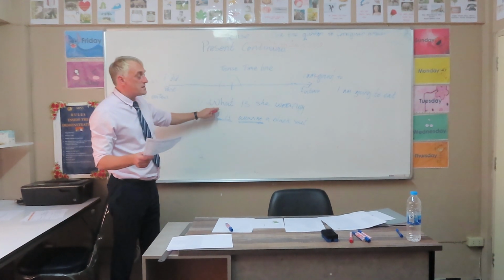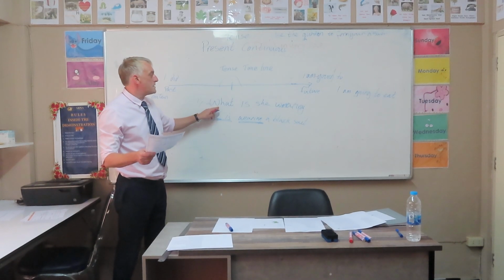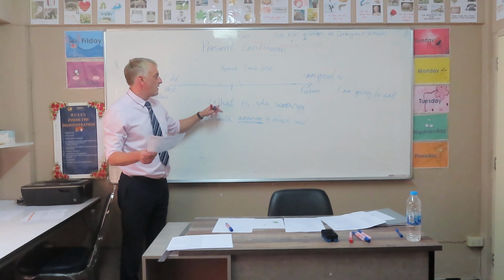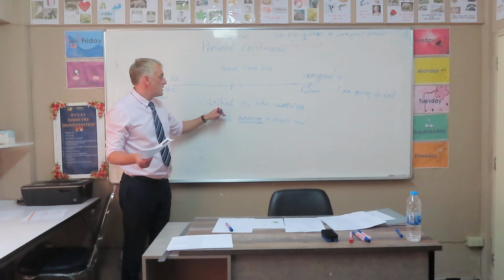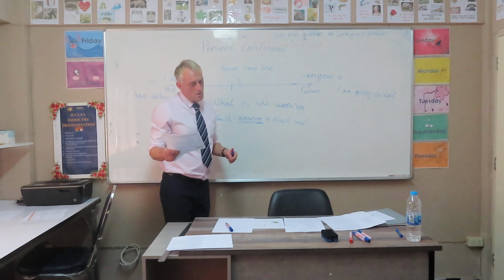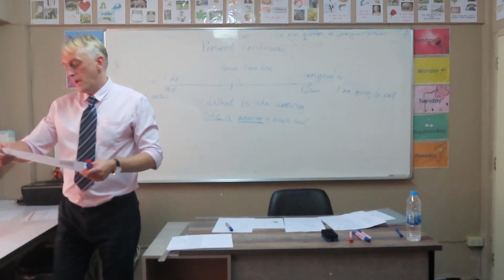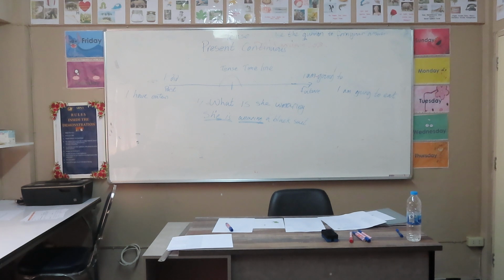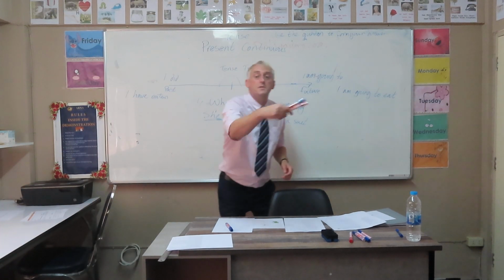We would use what as a question word. Okay? What is a question word, okay? It's not about working in the now. So what is she wearing? Answer, she's wearing a black suit. Okay? Here is, you can have this one for a second, okay? Have a look through, talk to each other.